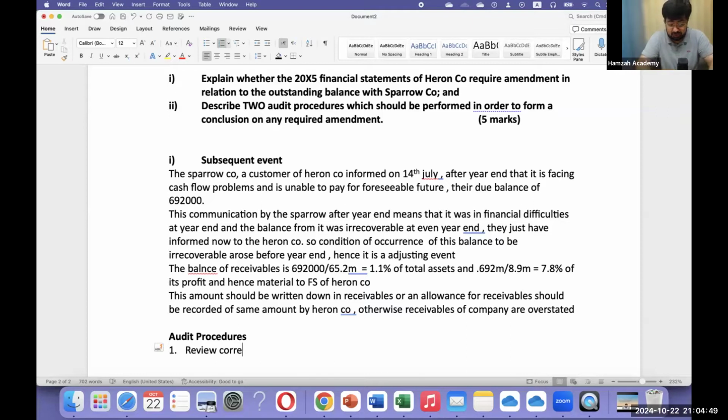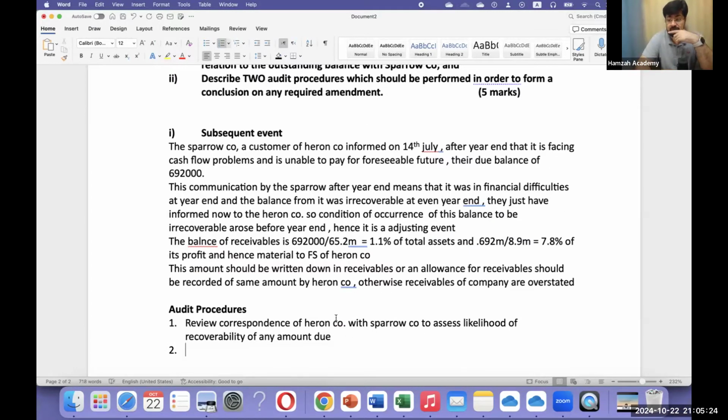Review the correspondence of Heron Company with Sparrow Company to assess the likelihood of recoverability of any amount due. Yes, it gives the idea, recoverable or not.